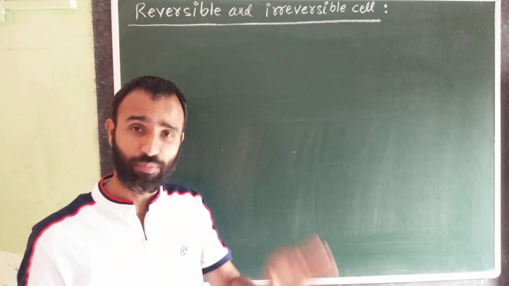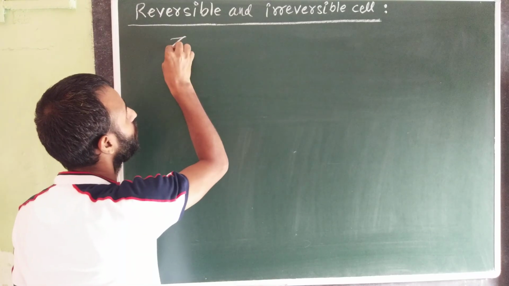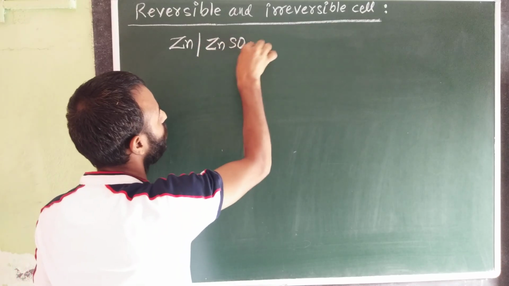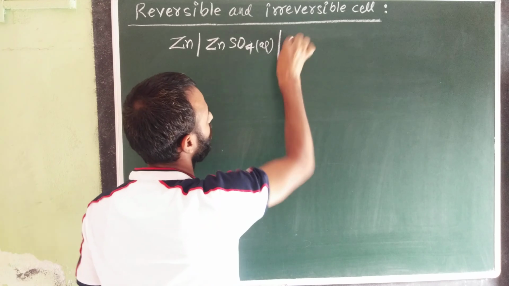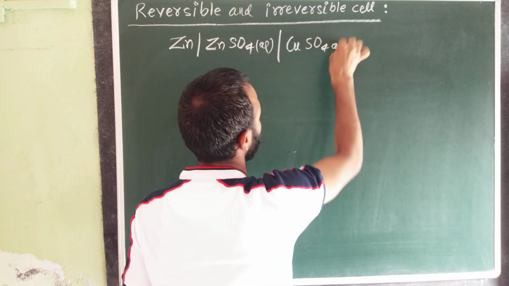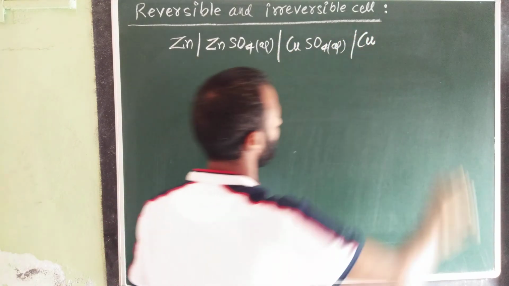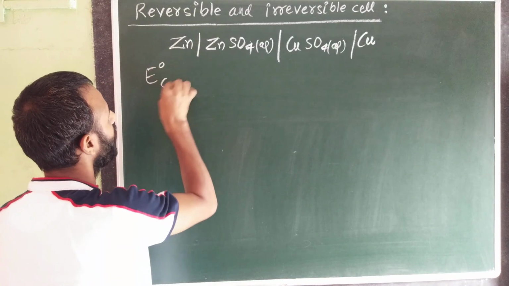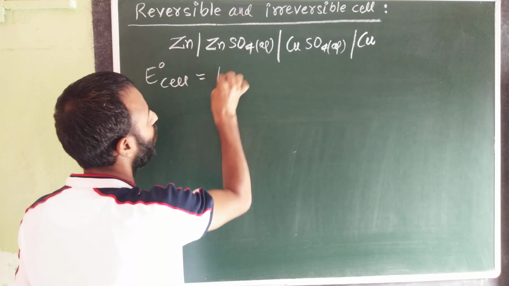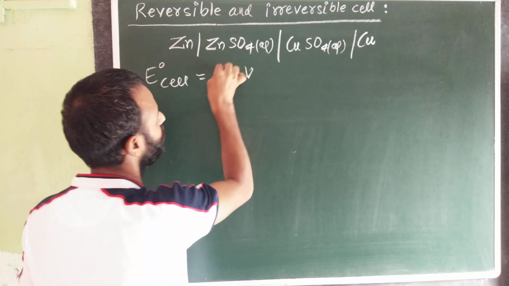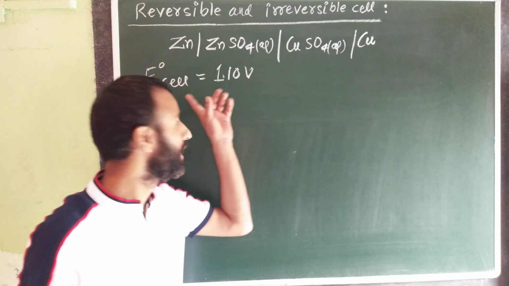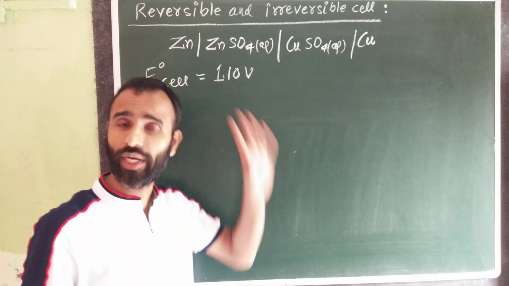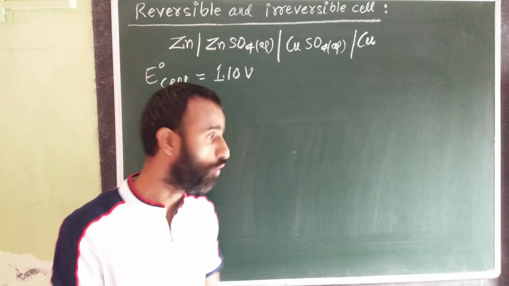Now let us take an example. For example, if we have a Daniell cell, zinc, zinc sulfate, copper sulfate, copper. Let us take this cell. In this case, E naught cell, its standard potential difference or standard EMF, is 1.10 volt.